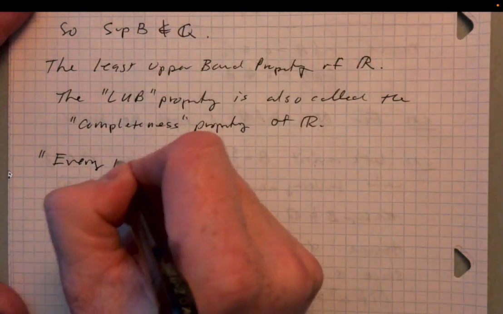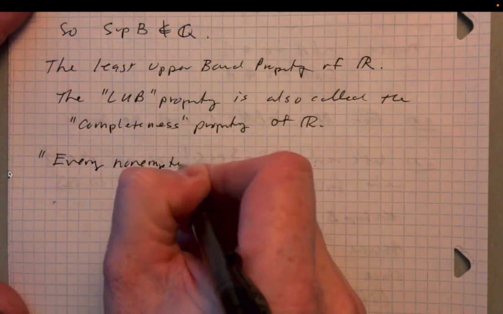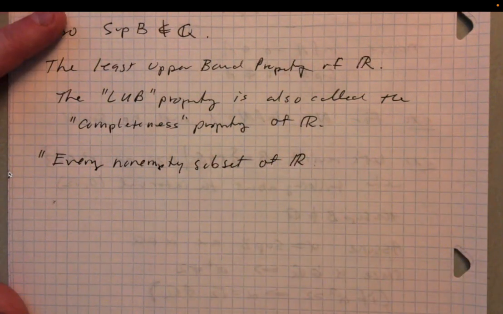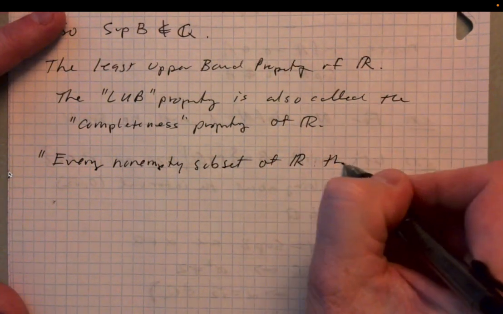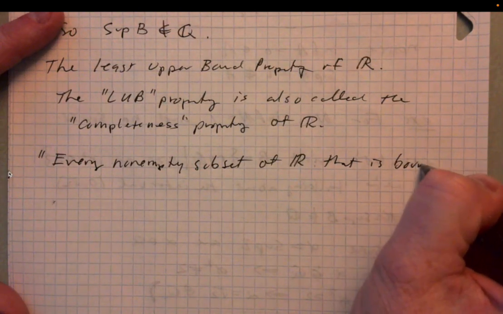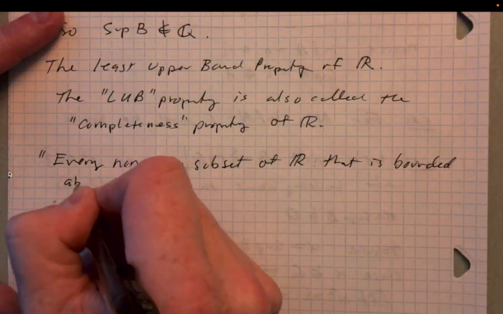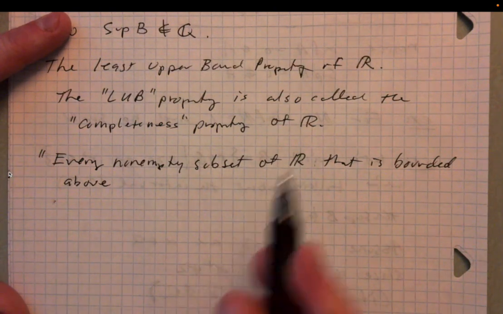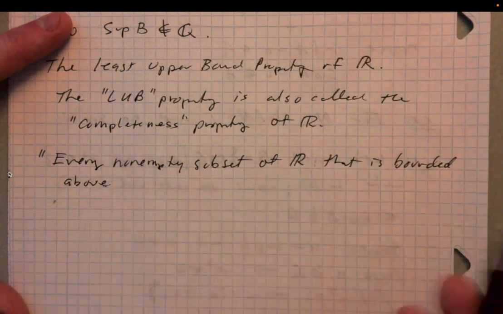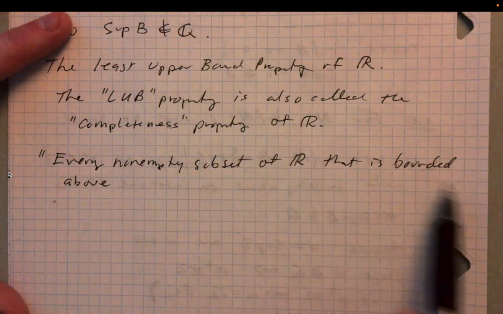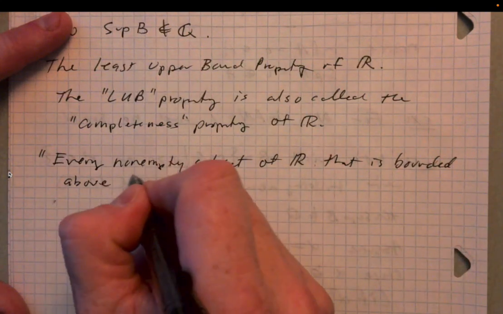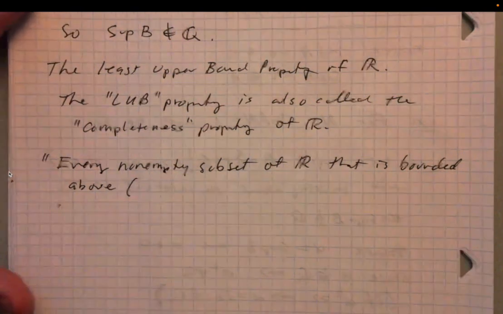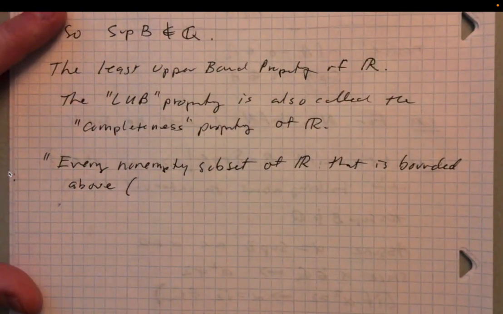non-empty subset of the real numbers that is bounded above has a supremum. Well, I should say every non-empty subset of R that is bounded above, and an analogous statement could be made for subsets that are bounded below.